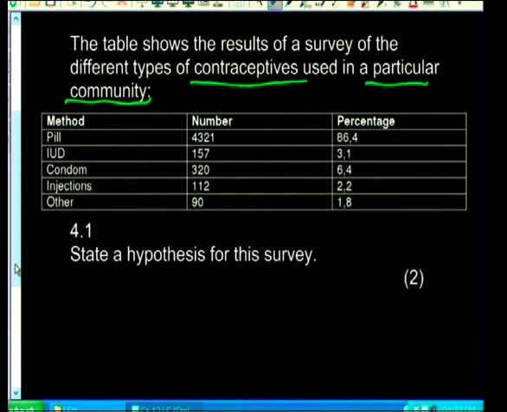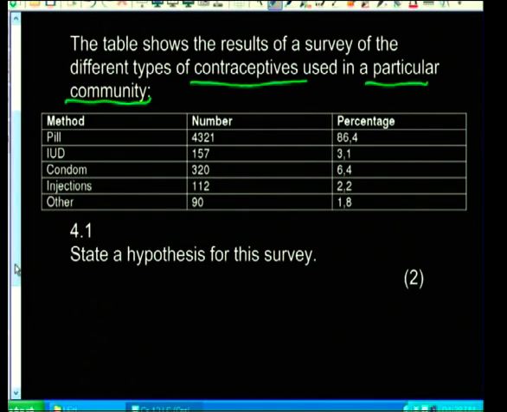IUD, intrauterine device, 157, 3.1. Condom, 320, 6.4. Injections, 112, 2.2. Other, 90, 1.8. So they've given you a table of the number of people in this survey that were using each of these, and they've worked out the percentages of each as well.